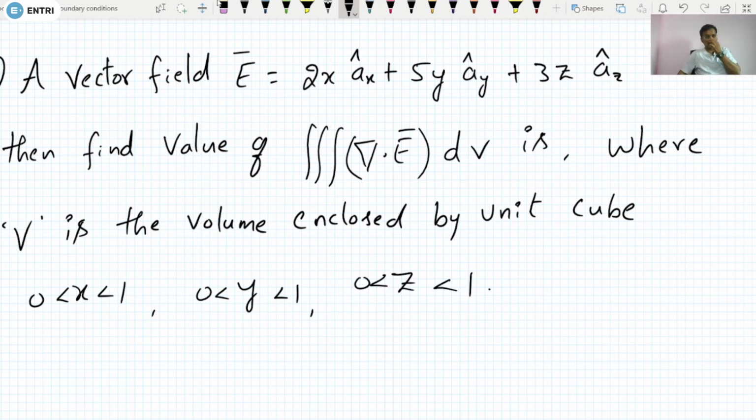So this is the question they have given here. You have to evaluate this triple integral of divergence of E bar. It is a very simple and direct question.